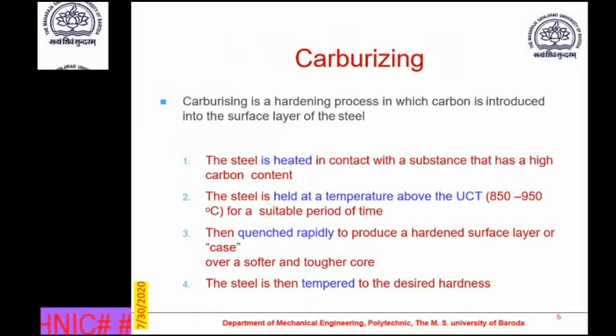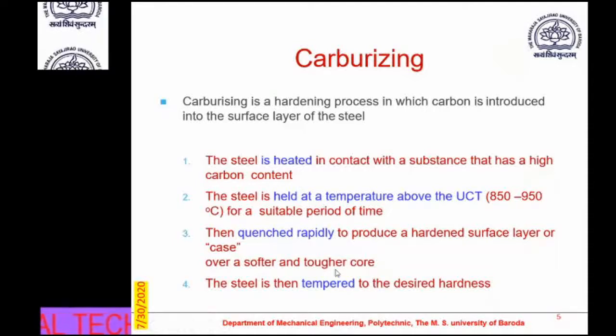So what is carburizing? Carburizing is a hardening process in which carbon is introduced into the surface layer of the steel. We are adding carbon on the surface. The steel is heated in contact with a material that has high carbon content.